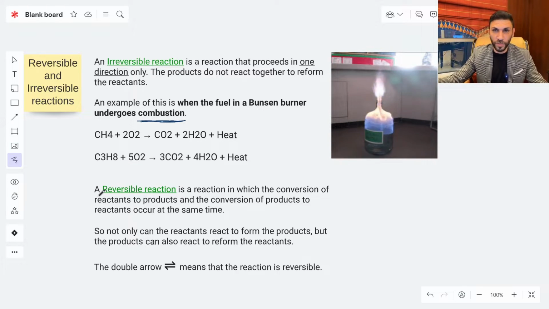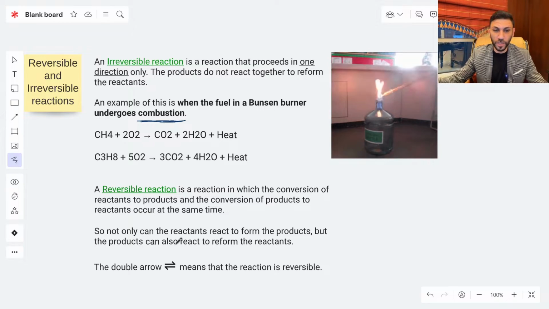The second type of the chemical reaction that we are studying in this chapter is the reversible reaction, which is the reaction in which the conversion of the reactants to the products and the conversion of the products to the reactants occur at the same time.